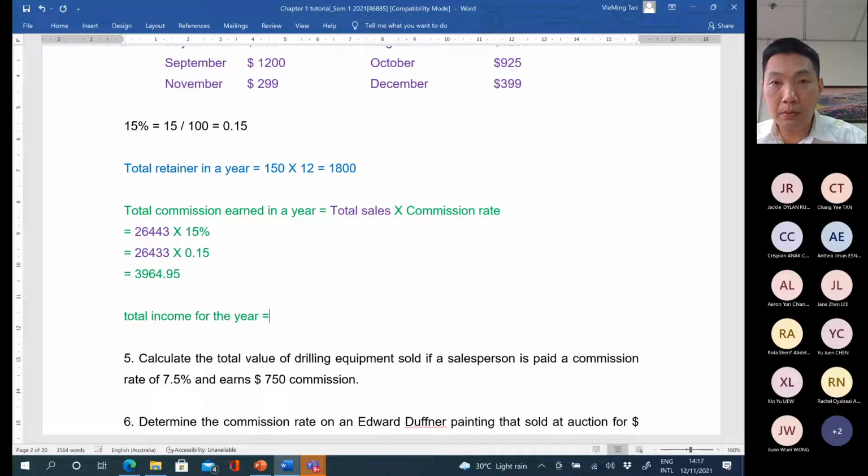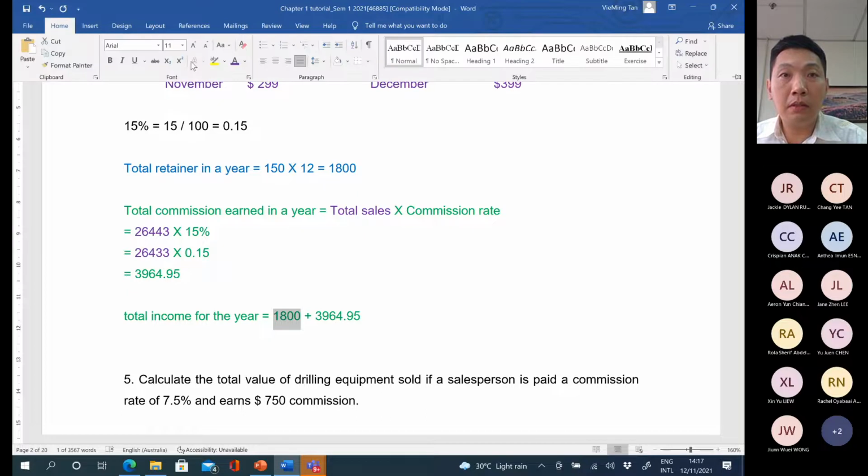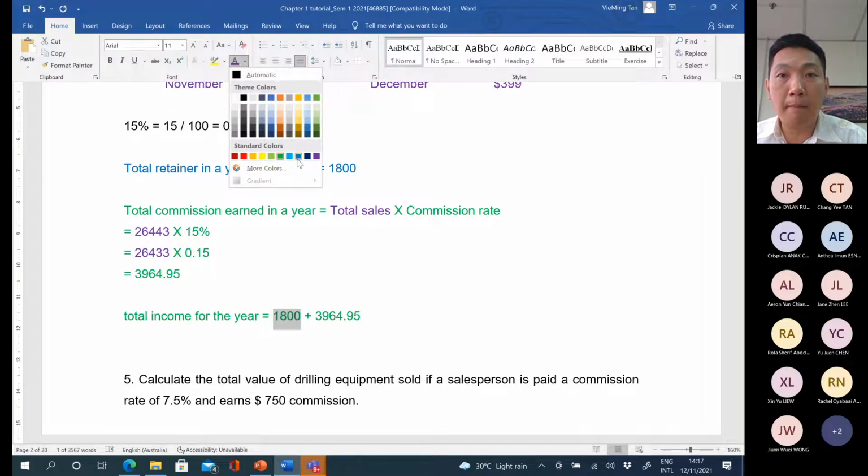So it's equal to the retainer 1,800, plus the commission earned, which is 3964.95. So this one I use blue color.